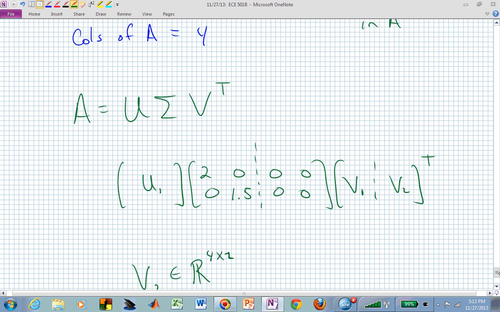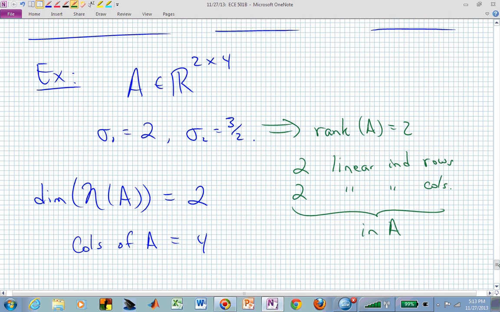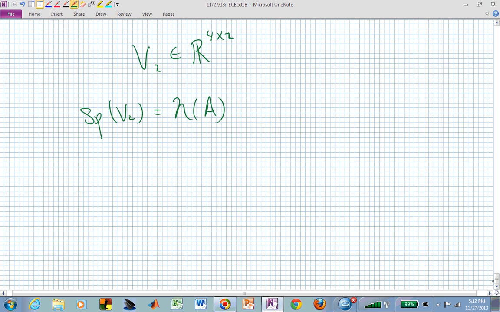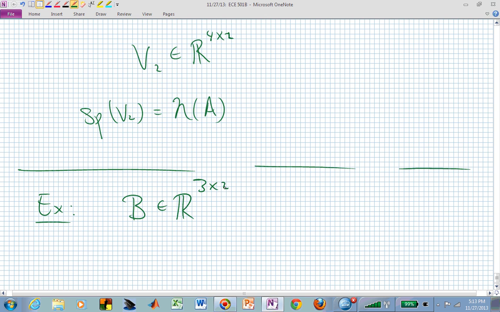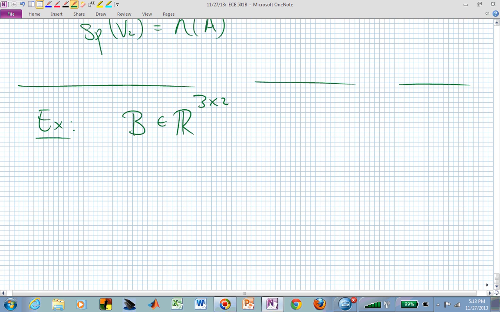The reason I created this example is I wanted you to realize, and we could do it just the other way. What if I did the following? What if I said, here's another example. Suppose now we had a matrix B that's 3 by 2, and let's say that its singular values, sigma 1 is 4 and sigma sub 2 is 3.